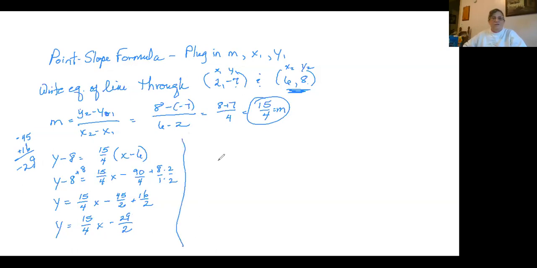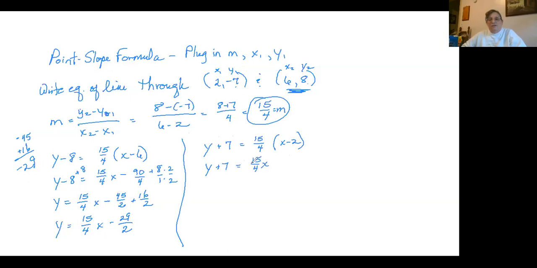Had I used the other point, that would have been y minus negative 7, which is y plus 7, equals 15 fourths times x minus 2. Y plus 7 equals 15 fourths x.